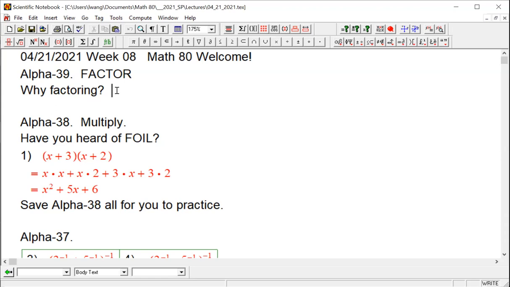I had that same question when I was a student for so many years, and now I have been teaching for so many years, and I was thinking, why do we do factoring? Our students just have a hard time sometimes to factor because they are polynomials or expressions which are a little bit difficult to factor, right? But why factoring?